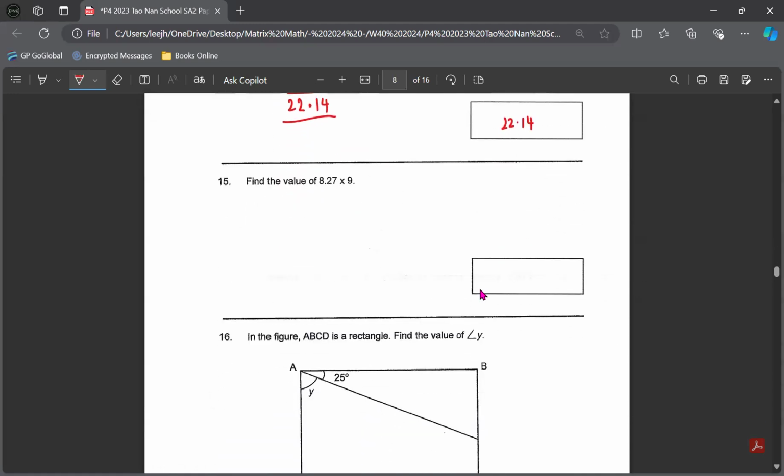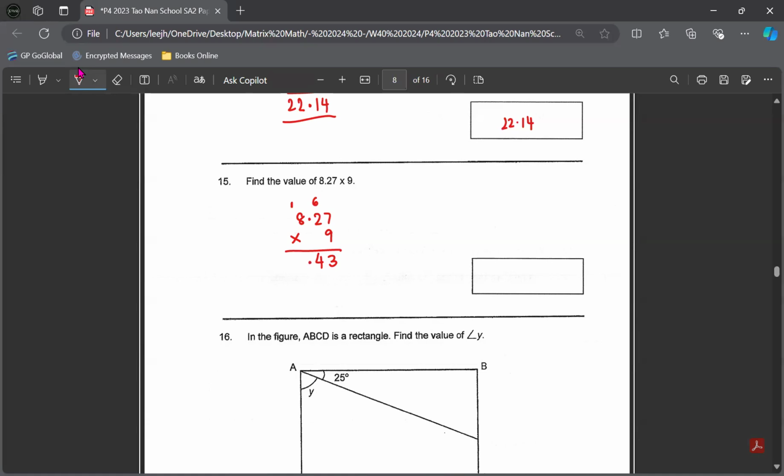Question 15. Find the value of 8.27 times 9. So you work out the answer. 7 times 9, 63. So 6 here. 2 times 9, 18. 18 plus 6 is 24. Sorry, that's my mistake. So we write 4, carry 2.